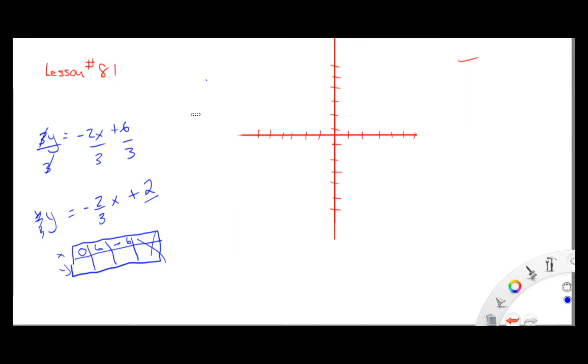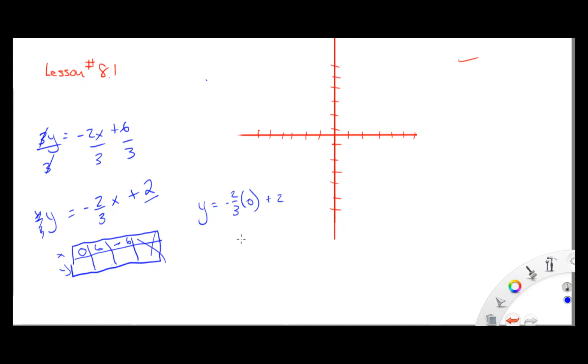Let's go to this problem. So when x is 0, what does that mean? Let's go y equals negative 2 over 3 times 0 plus 2.